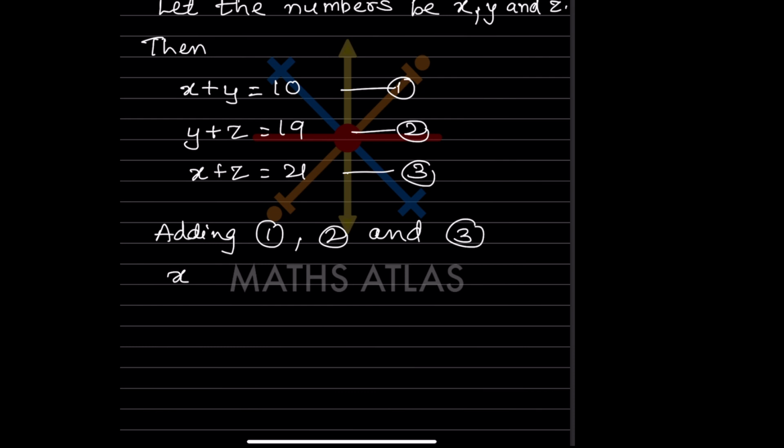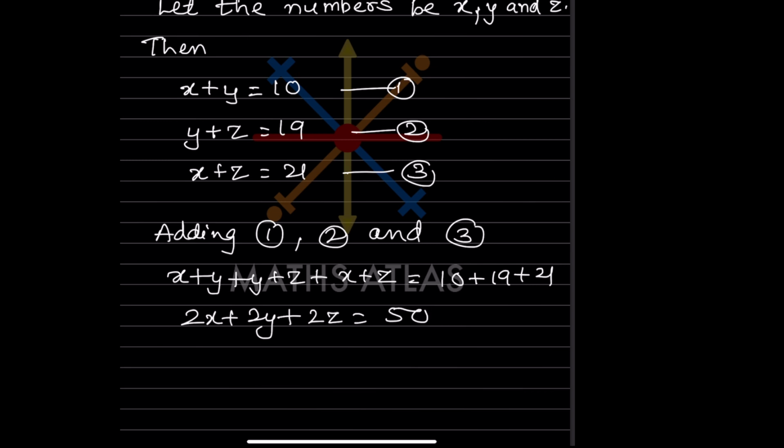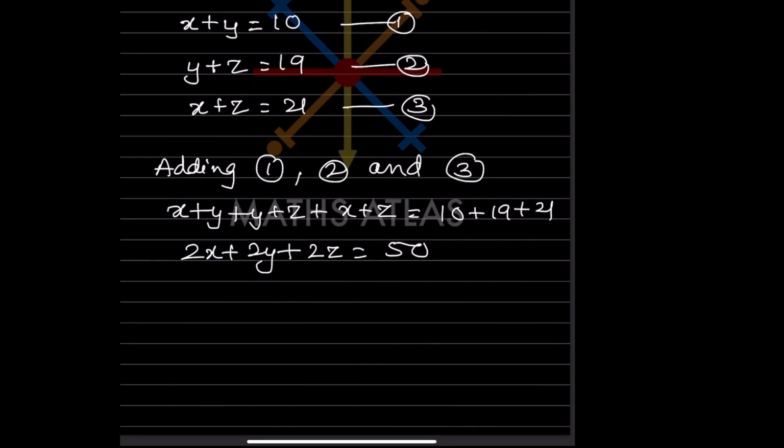When we add x plus y, y plus z and x plus z, that is 10 plus 19 plus 21. We can bring x and x together, y and y together, and z and z together. So that is going to be 2x plus 2y plus 2z. When we add 10, 19 and 21, that is going to be 50.